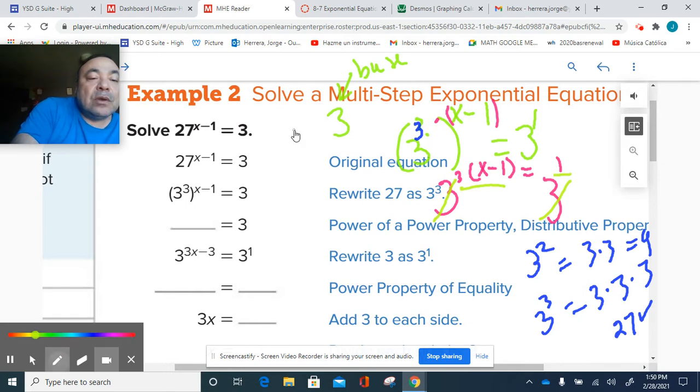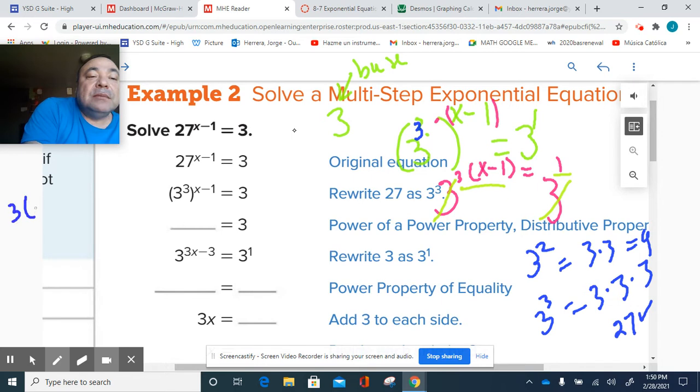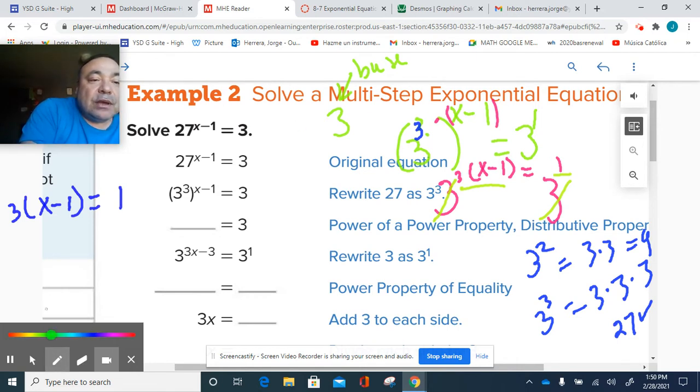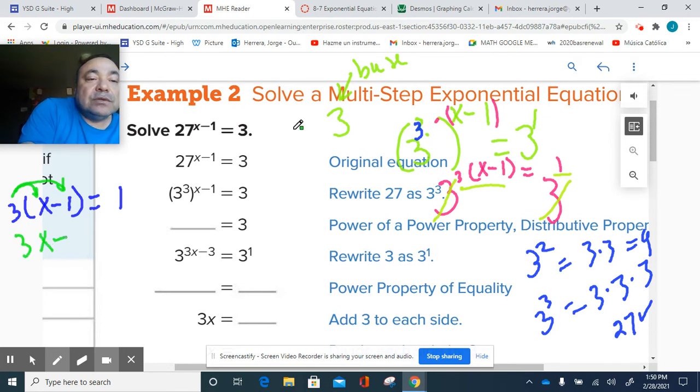So let me rewrite that. What I have is 3 times x minus 1 equals 1. And you can use the distributive property right here real quick, guys. You're going to get 3x minus 1, and that is still equal to 1. Oh, no, sorry, I forgot. This would be 3, right?